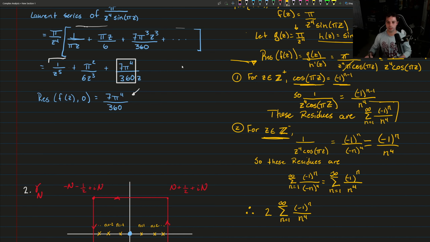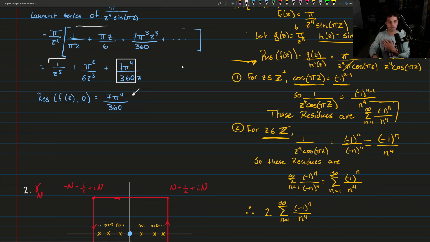And that's going to be the sum from n equals 1 to infinity of negative 1 to the n over n to the fourth. And there's going to be two of them, because we have n equal to 1, 2, 3, all the positive integers, and then n equal to negative 1, negative 2, negative 3, all the negative integers. So we have those residues at the integers, and then we have the residue at 0.